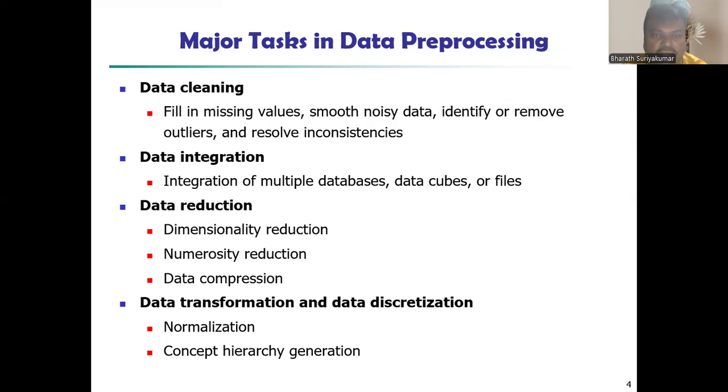Data integration: integration of multiple databases, data cubes, or files. Data reduction: dimensionality reduction, numerosity reduction, and data compression. Data transformation and data discretization: normalization and concept hierarchy generation.